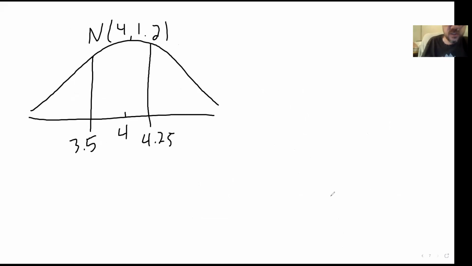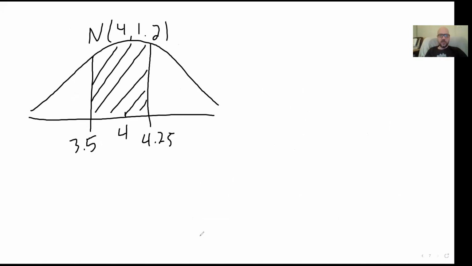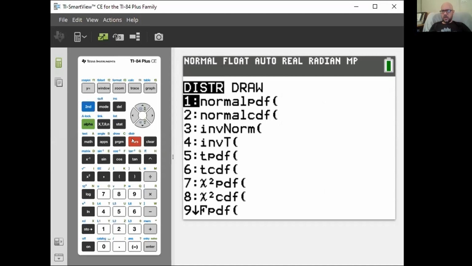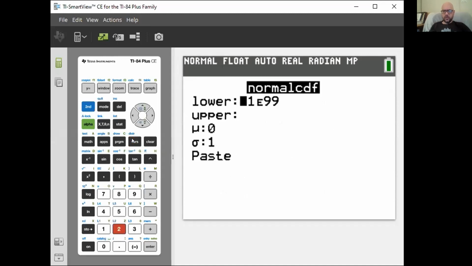4.25. So if we want to find this area here, that's the probability that one review takes between 3.5 and 4.25 hours, we use normal CDF. Normal CDF of 3.5 up to 4.25 with a mean of 4 and standard deviation of 1.2. Let's go do that. Normal CDF from 3.5 up to 4.25 with a mean of 4 and a standard deviation of 1.2.